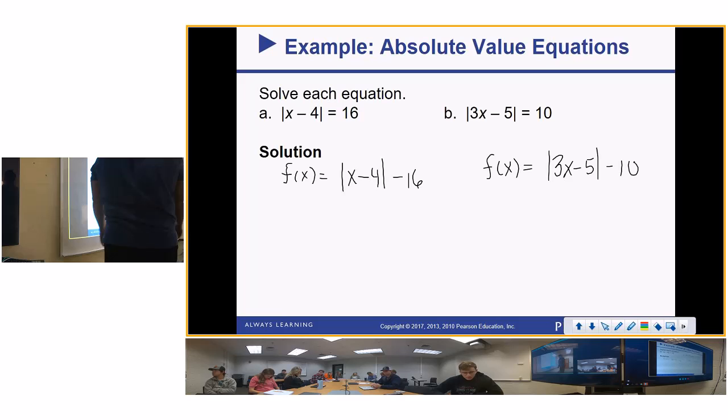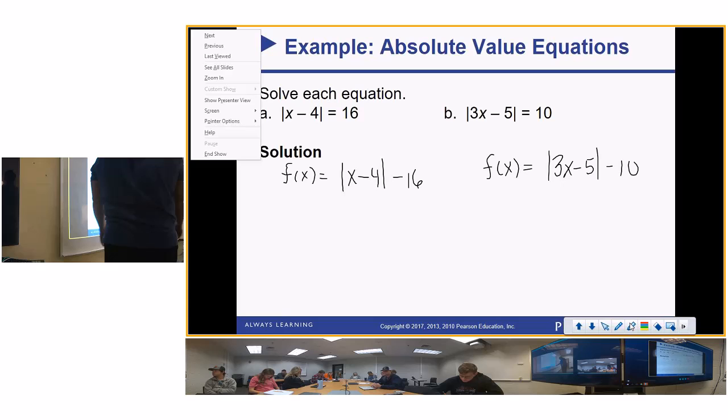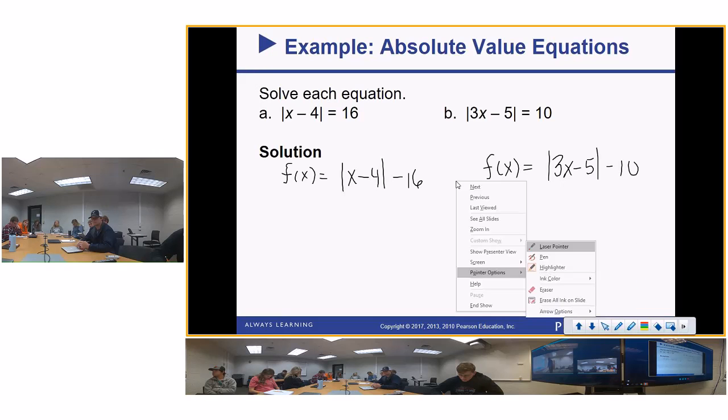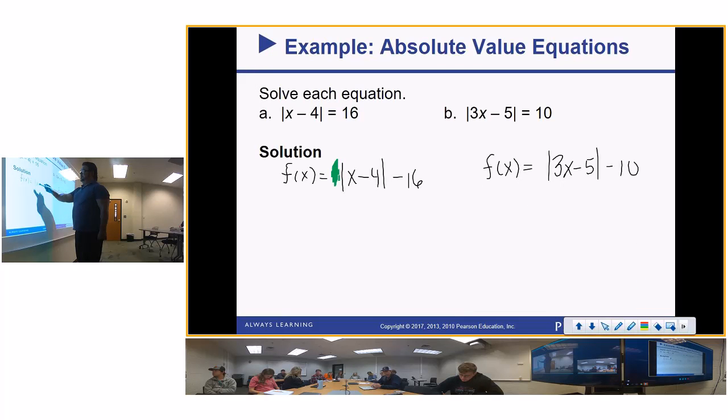Okay, take our handy dandy highlighter. I'm going to highlight this, this, and this.